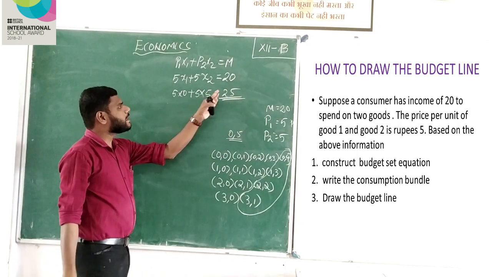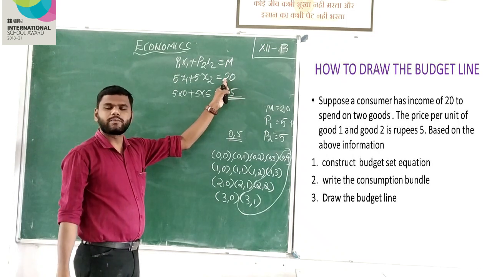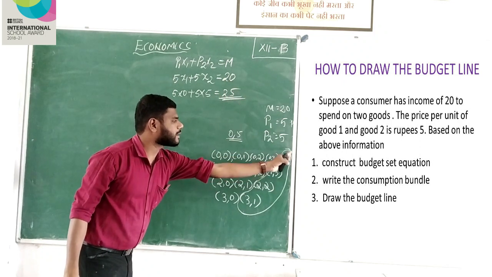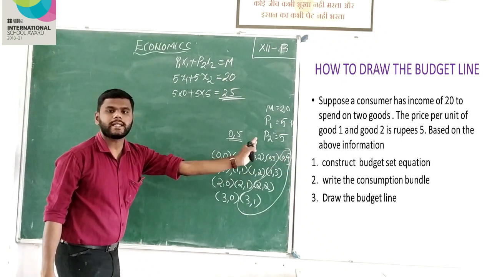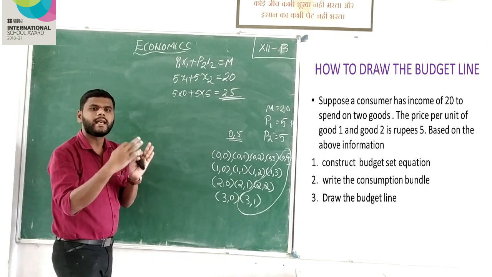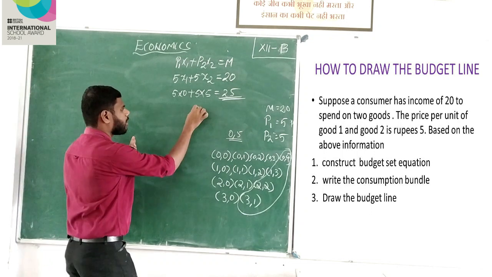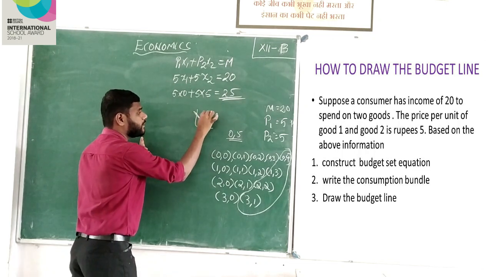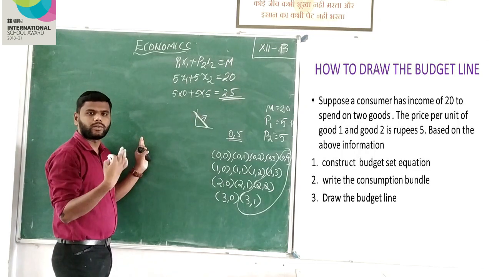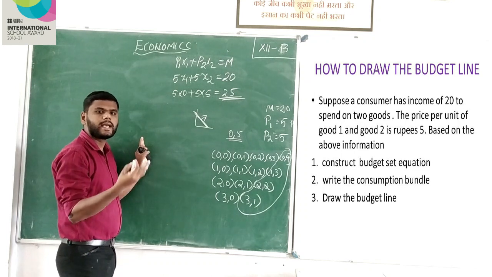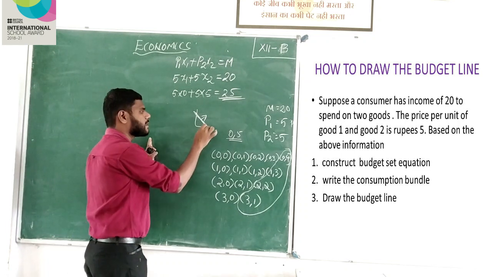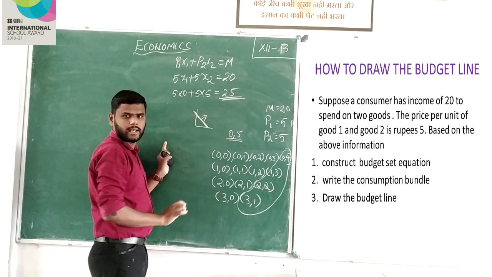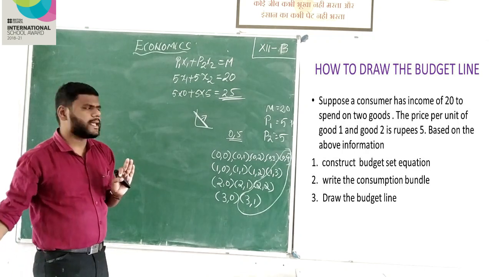Here he does not have that much income to purchase the commodity, so he can go only up to that point. After that he cannot move. That is known as the budget constraint. If you are drawing a budget line, this is the constraint. Above this budget line he cannot afford, he cannot purchase, because his income is limited. That is why the budget line is otherwise known as the budget constraint. I think it is clear.